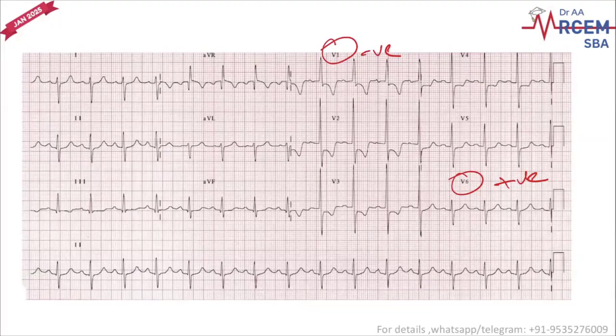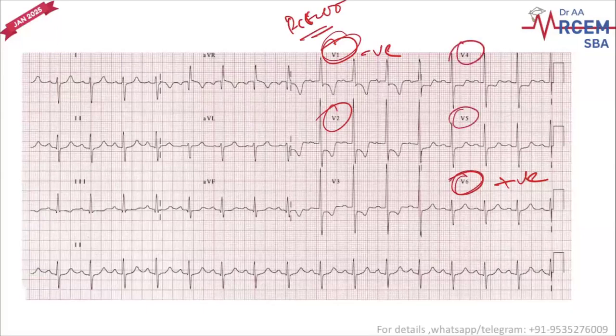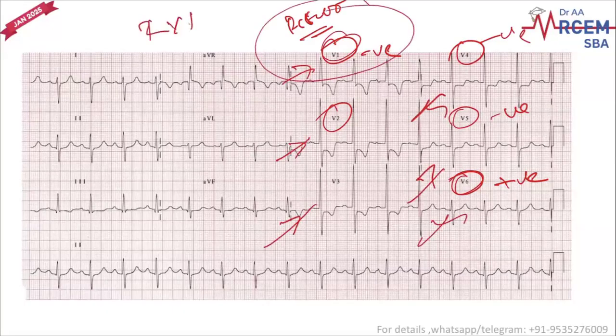For that reason, V1, V2, which are closer to the right side of the heart, become positive. V6, V5, V4, which are away from the right side of the heart, become negative. This is known as poor R wave progression of the QRS complex, which is classically seen in right ventricular hypertrophy.